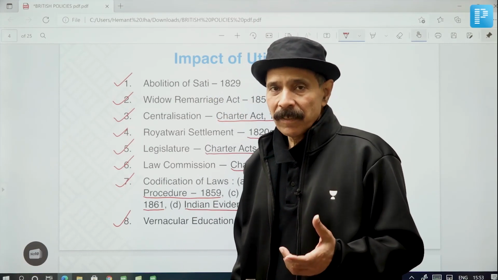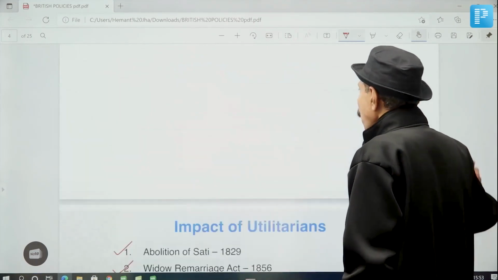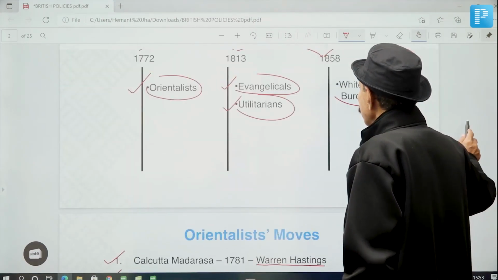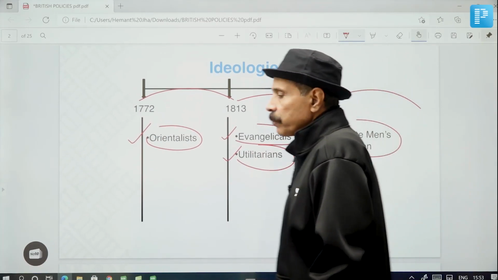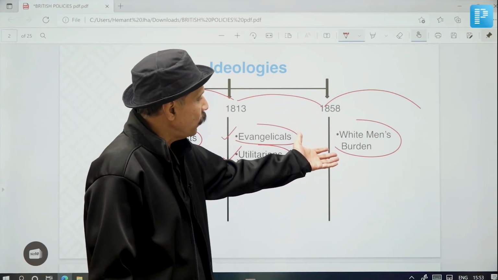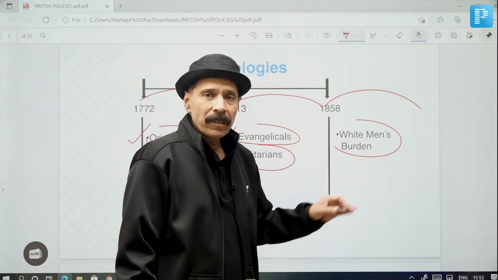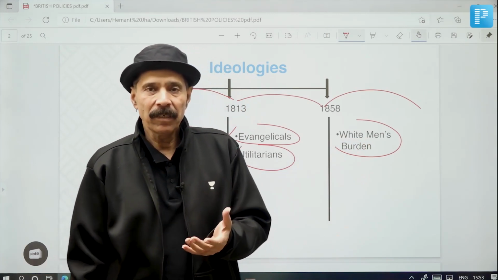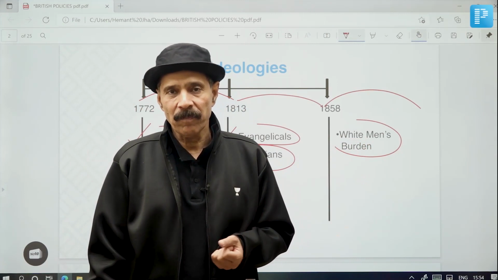Now let's consider the next ideology, which is the last also in this presentation. That is the white man's burden. This ideology was characterized by the idea of paternalism and trusteeship.